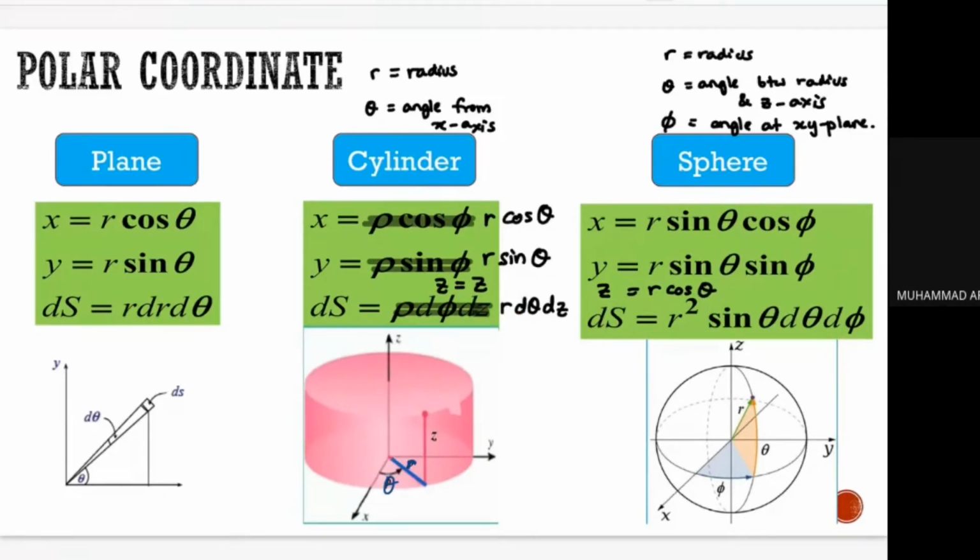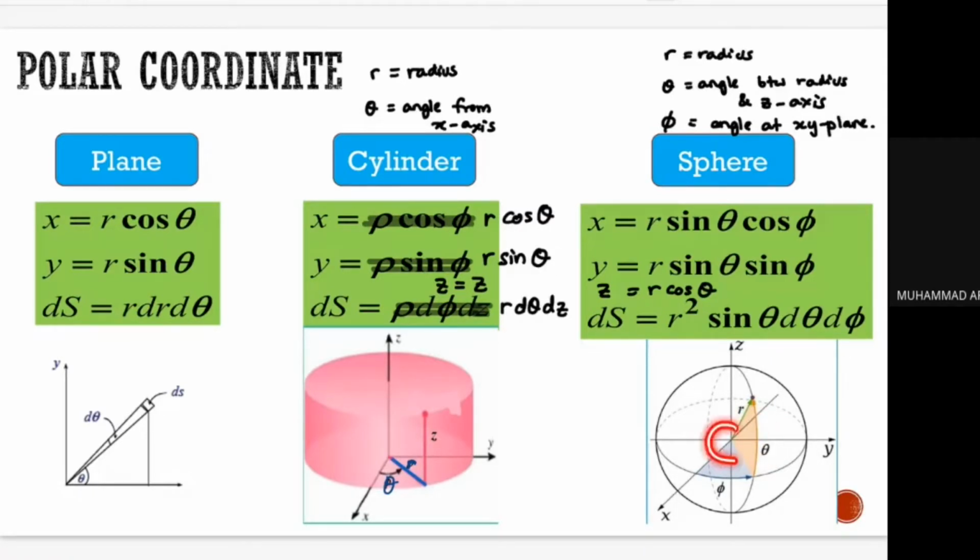And for a sphere, you have two angles. Theta is the angle between the radius and the z axis. This is the radius r, and this is your z. So this angle will be your theta, and the angle of the radius at the xy plane is your phi.